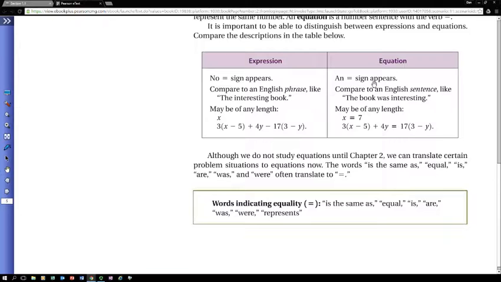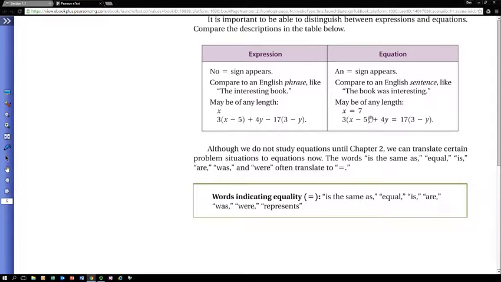An equation has an equal sign, and to compare it to English, it'd be more like a sentence, where we have all the parts of the sentence, where this was or is like our equal sign. It may be of any length. Again, here's a couple examples. And then they go through the translation stuff.